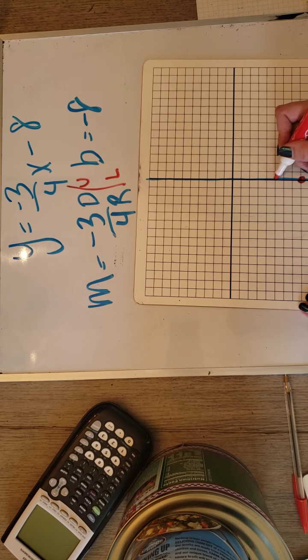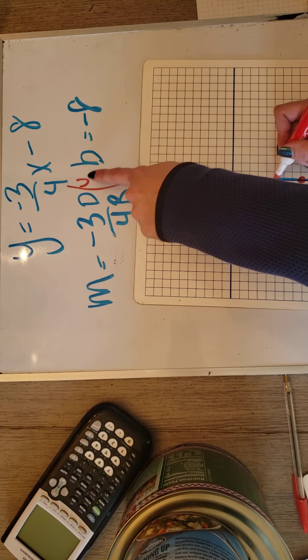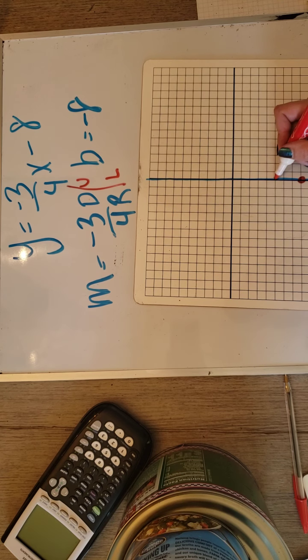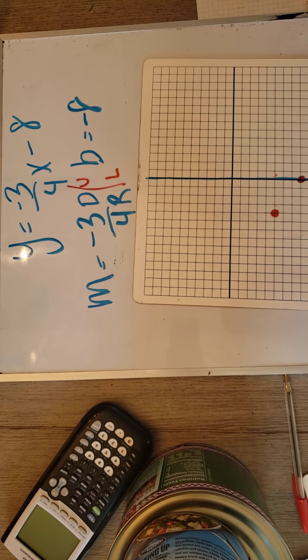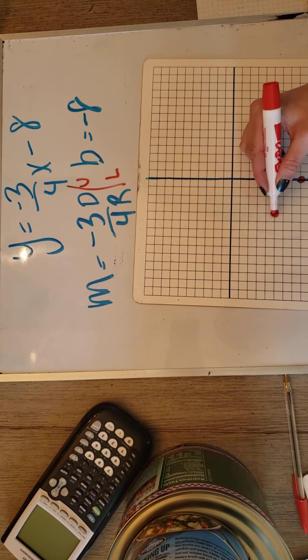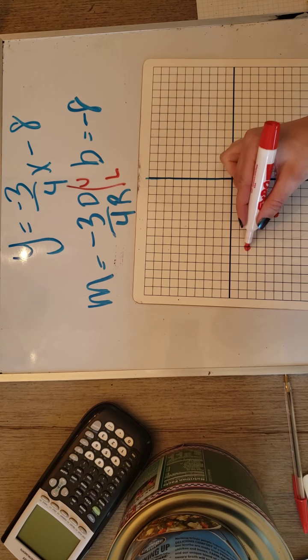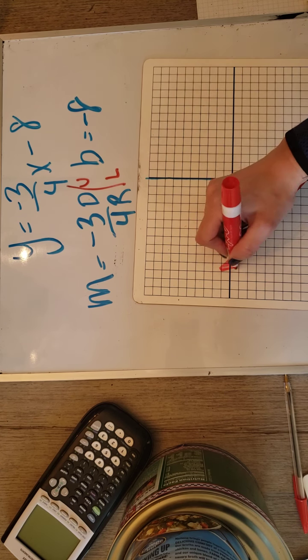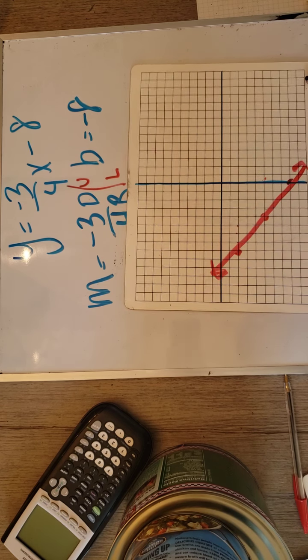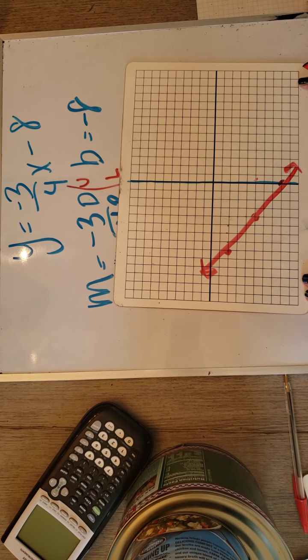And then because I reverse the top number, I have to follow the reversal on the bottom. So I'm going to go left 4, put a dot, and because we always want you to have 3 dots, just keep going, up another 3, left another 4, connect your dots, and put your arrows so it looks like that.